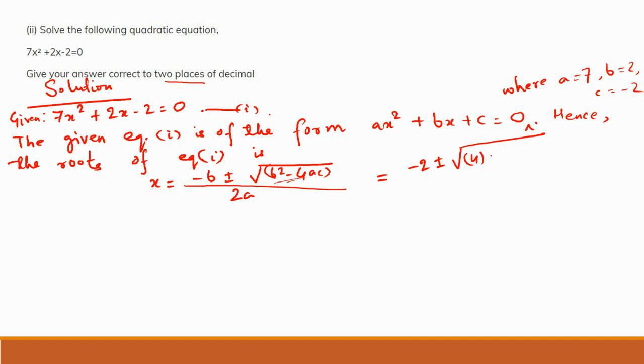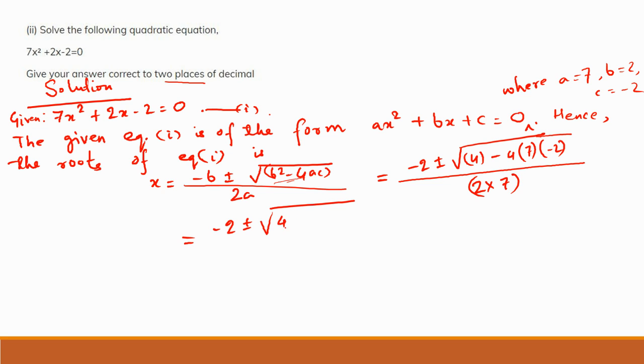b square is 4, minus 4a where a is 7, c is minus 2, divided by 2 times a, which is 7, right? So this is minus 2 plus minus root over 4 plus 4 times 2 is 8, 8 times 7 is 56.